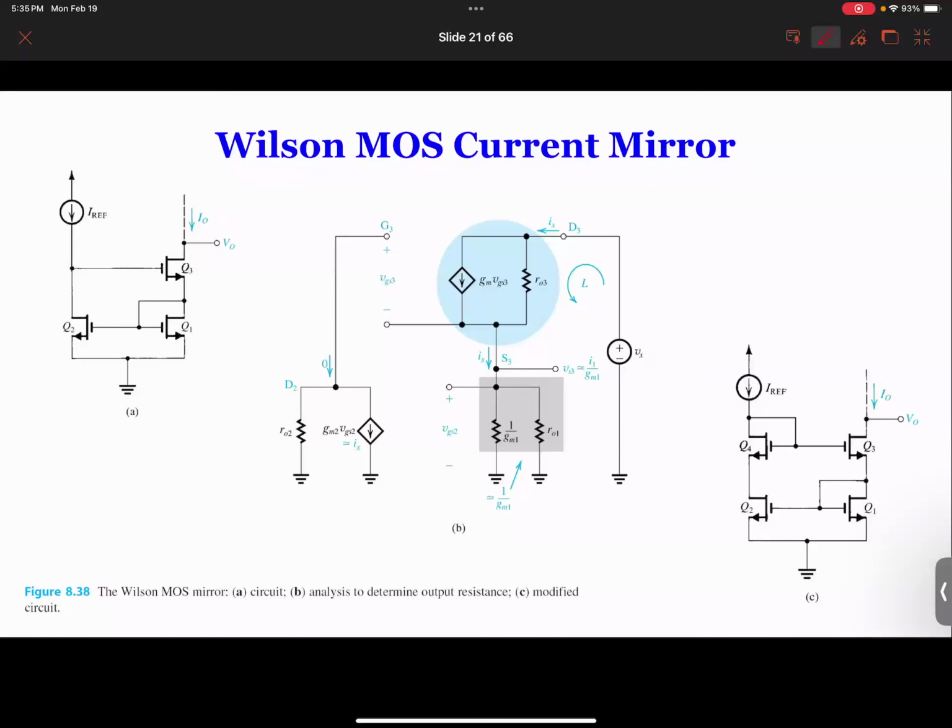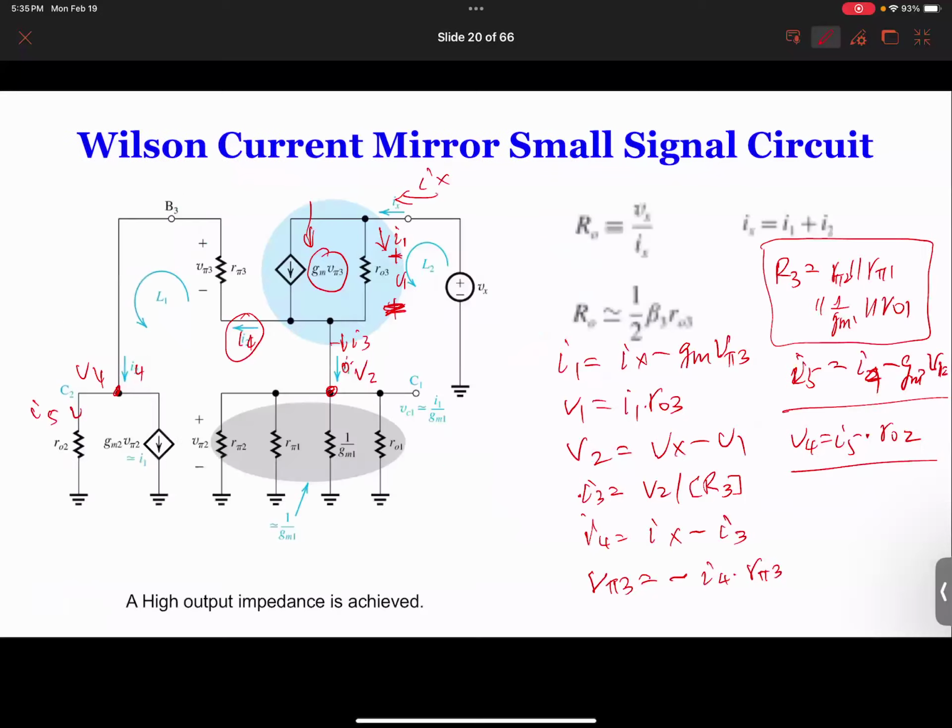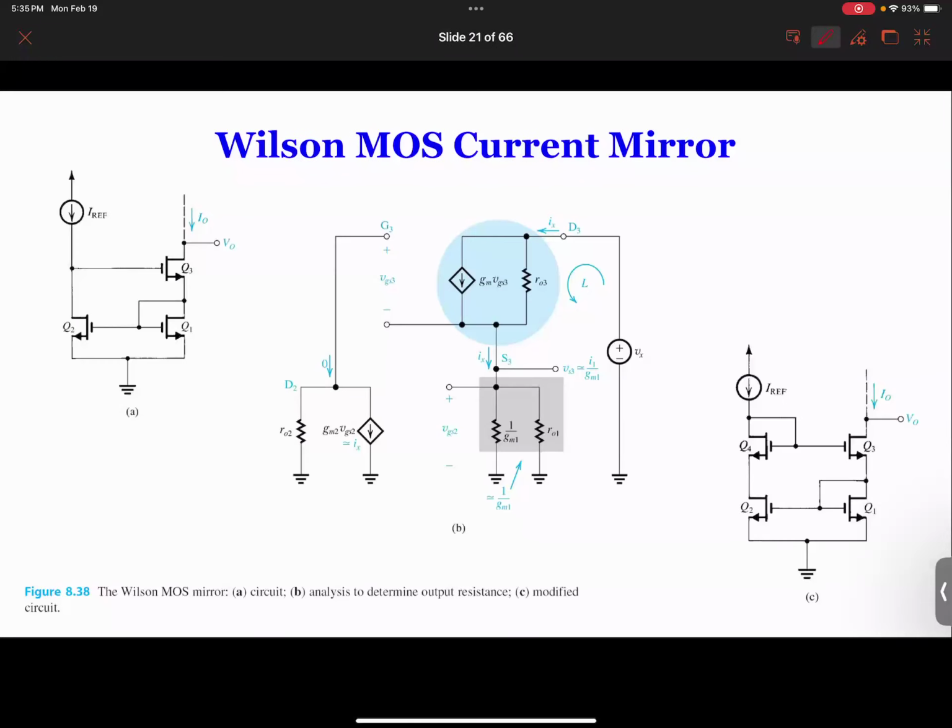If we have a Wilson current mirror built using MOSFETs, it becomes even easier, because if you look at the circuit over here, there's no current. There's no current here, no current here.